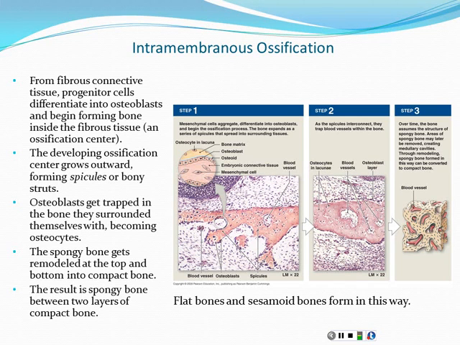So, if this is the fibrous membrane, this process starts with an area in here that'll start to form into bone, and then that area expands to include the rest of that, and then eventually what you end up with is a kind of bone sandwich like this, where you have a layer of compact bone on the top and bottom, and then spongy bone in between.